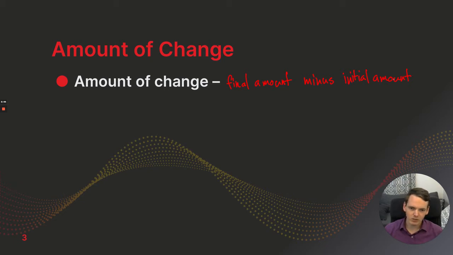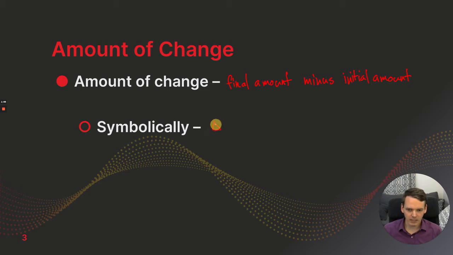You subtract your final age, your current age, from whatever age you were looking at earlier, your initial age. Or if we want to talk about how much money a business earned or lost, we take their current amount of money, their final money, and subtract how much they started with.